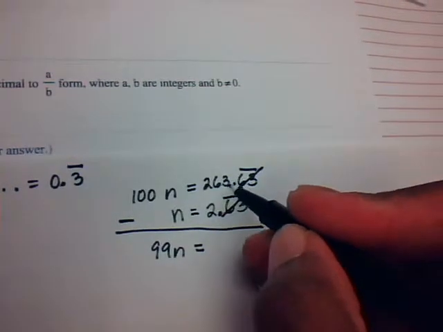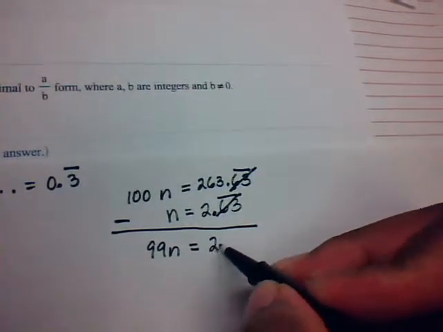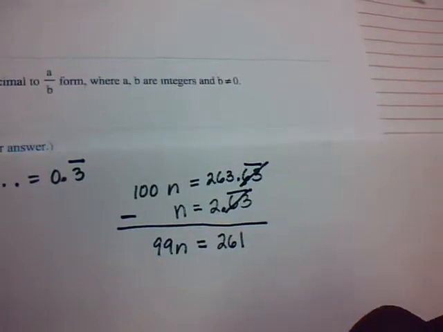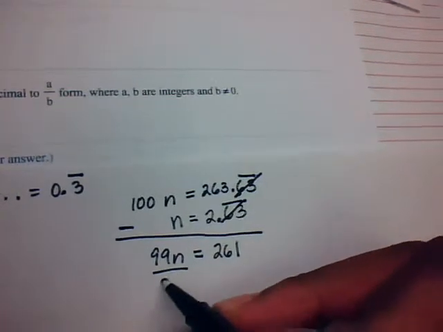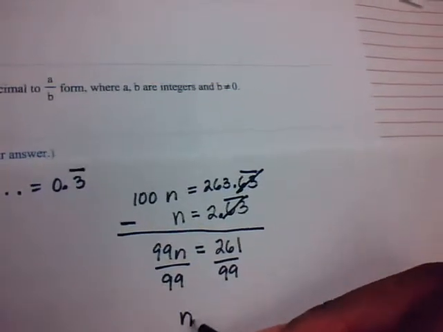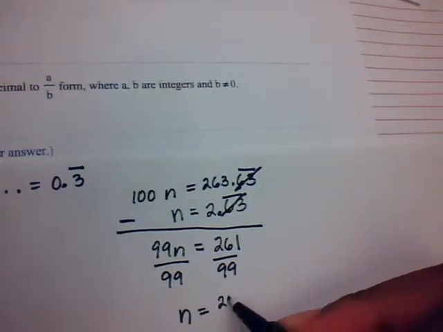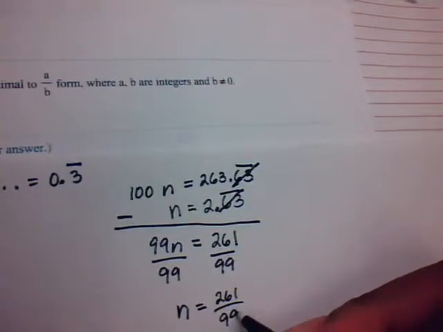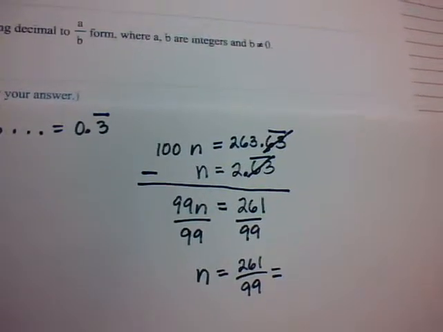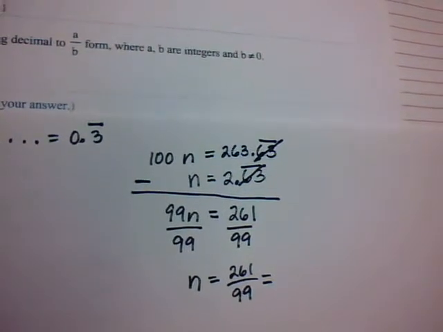So now I'm left with 263 minus 2, which is 261. So now I have 99n equals 261. Divide both sides by 99. You'll get n is equal to 261 over 99. Now in this case here, I'm going to reduce that to simplest form.